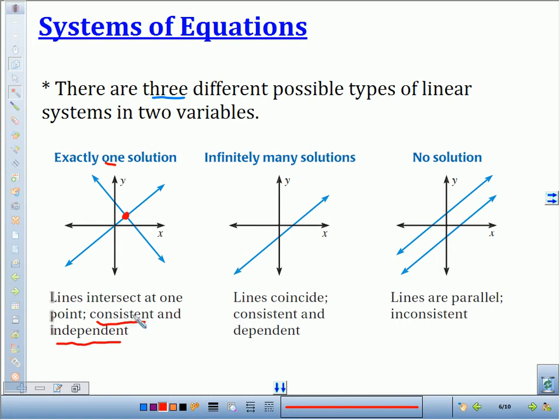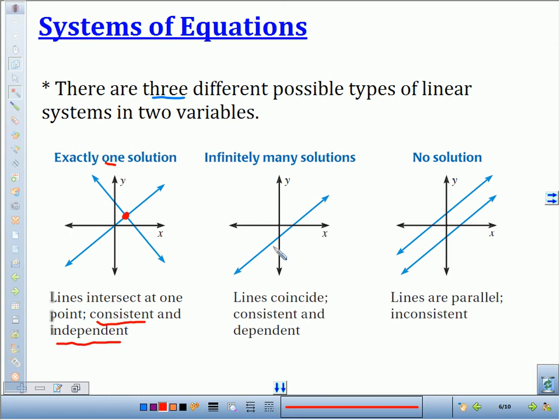Consistent means that there is at least one solution, and independent means that each line contains different information about the variables. We could have 2 lines that when I graph them sit directly on top of each other. And so in our second example here we can see that there's only one line graphed. That's because the second line that we would have graphed is sitting directly on top of the previous line.